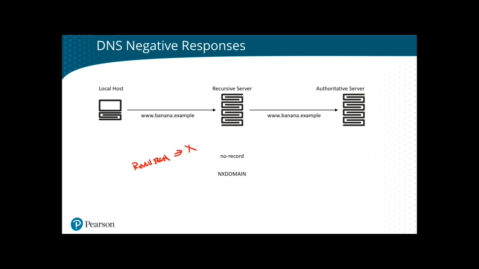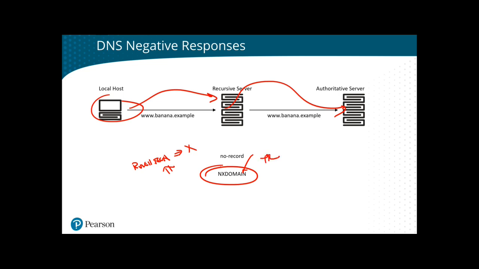So there's no A record, there's no IP address, there's no service address of any kind associated with rule11.tech. Now what's going to happen is the local host is going to ask the recursive server, what about rule11.tech? It's going to ask the auth server, and it's going to get an NX domain. So when that happens, it's going to cache that NX domain for as long as the TTL is.